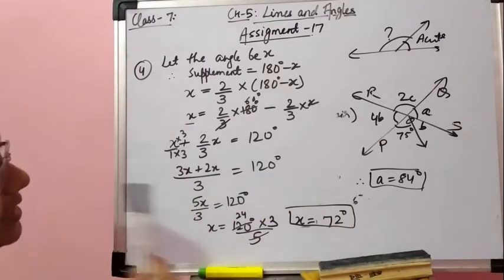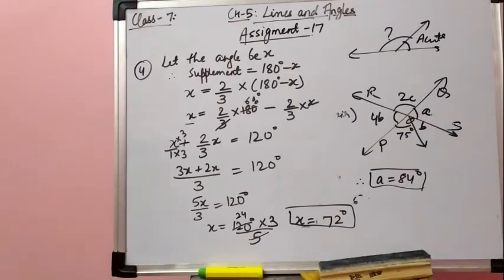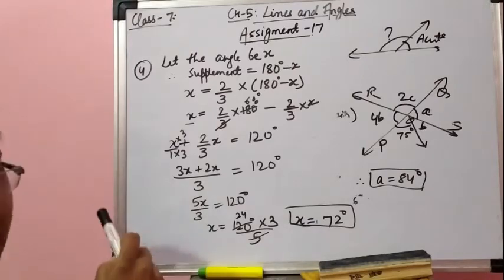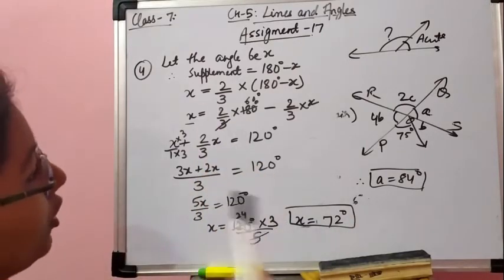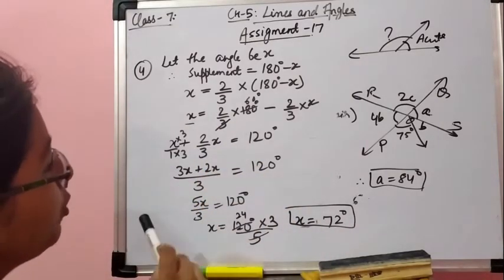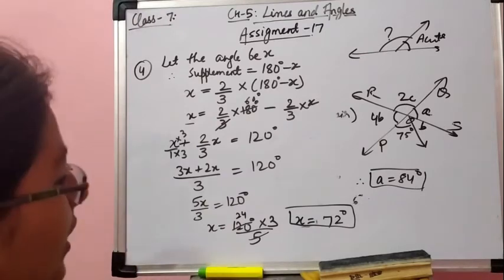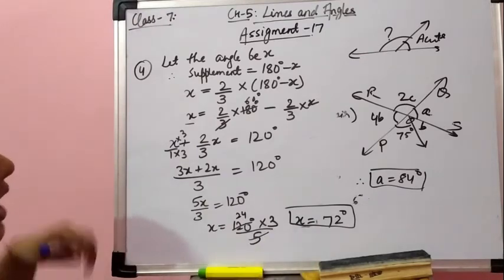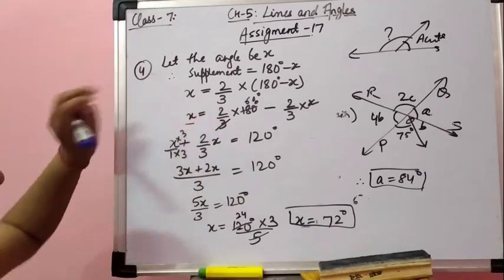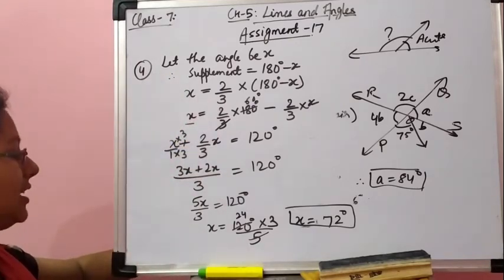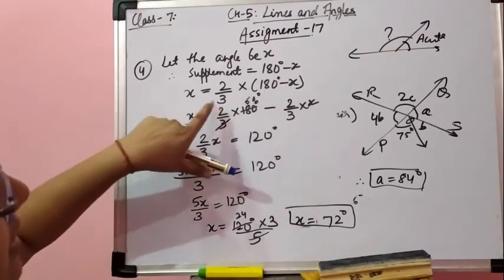So, or another way what we can do, if the angle is x and supplement is 2 by 3rd of x. Okay. So x is the angle, supplement is 2 by 3 of x. When we will add both these, then the answer should come 180 degree. So I think this is the better way, because in the question it is given, find the angle which is 2 by 3rd of its supplement.